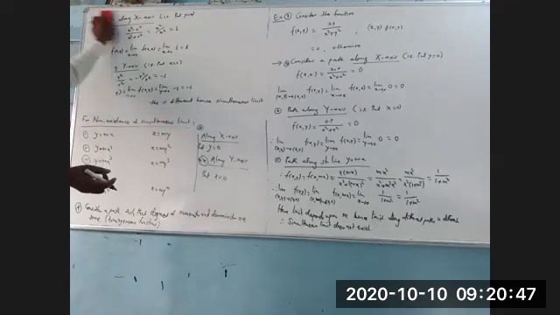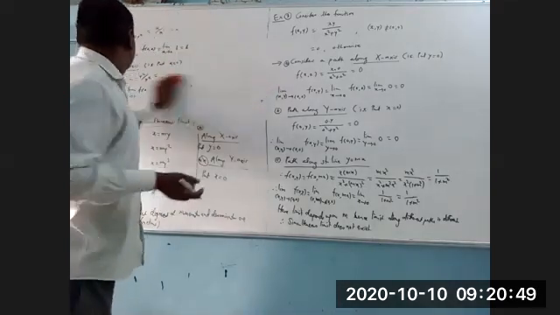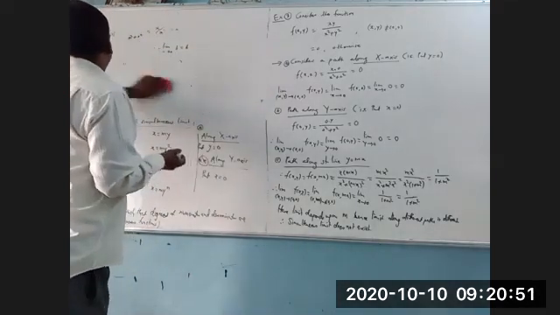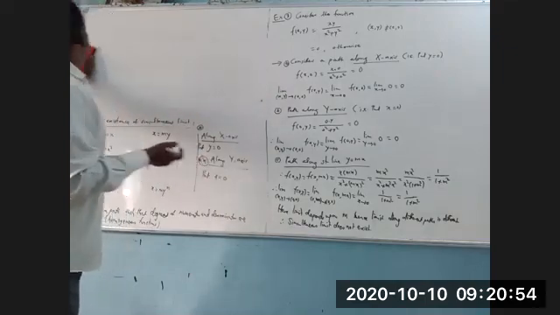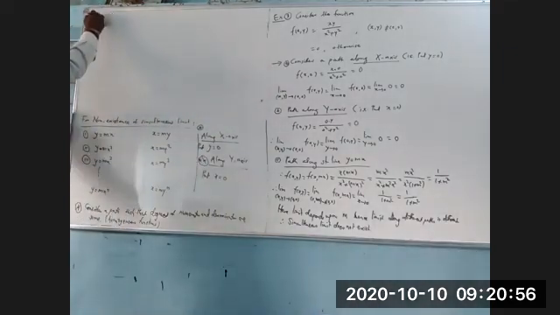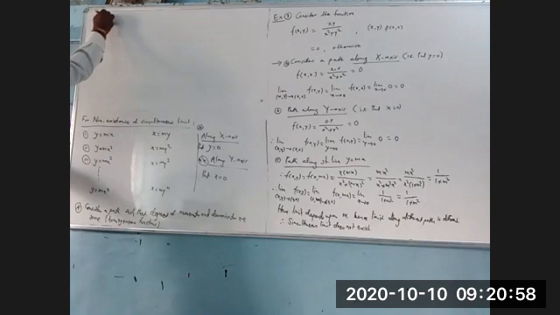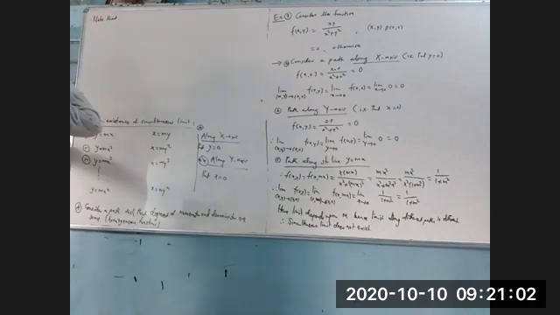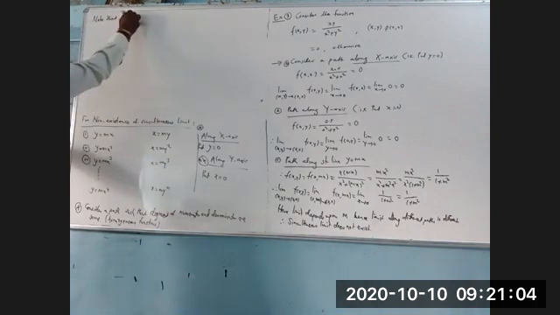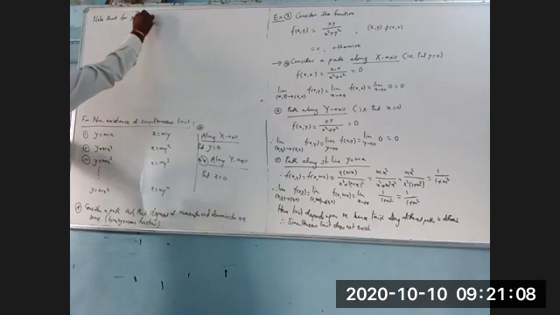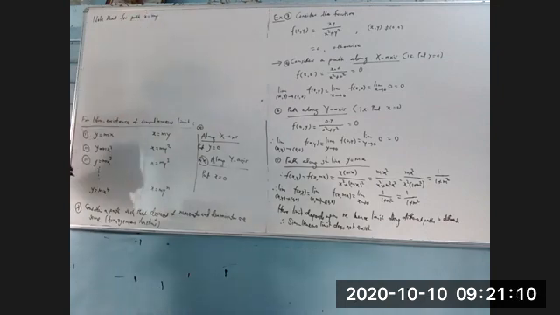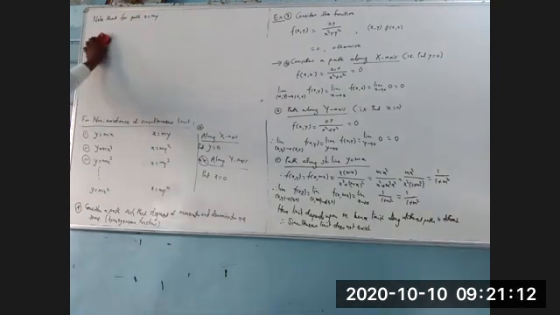Okay. Now, again, one thing is common here. We take this as a note. Note that for the path x is equal to my, what will happen?